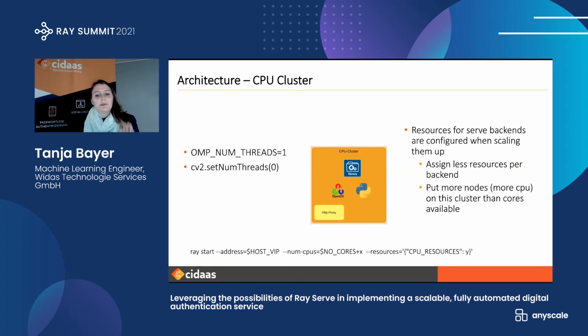Additionally, for the CPU cluster, we also provided custom resources because those custom resources helped us to make sure that each backend which should come up on a CPU cluster is really assigned to the CPU cluster and not to some other cluster which also has CPU cores available.